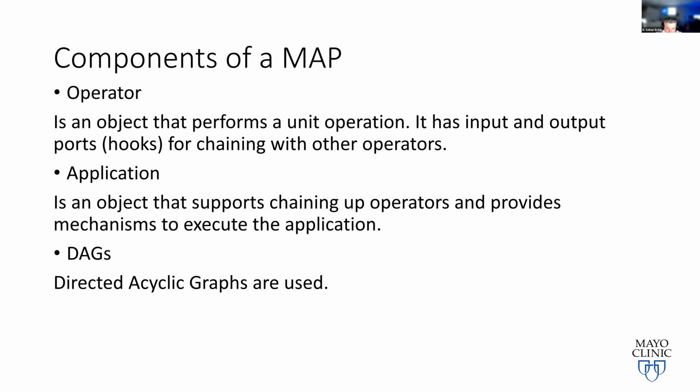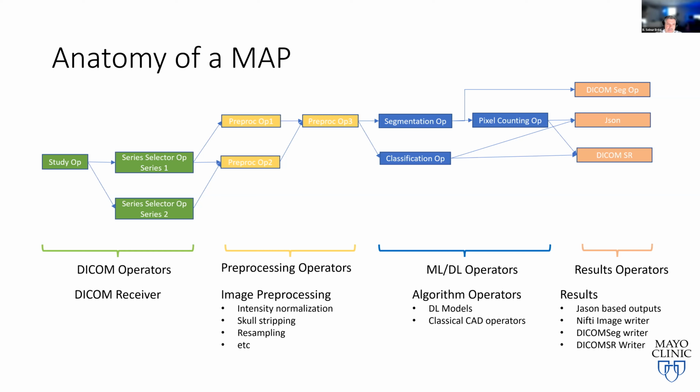So what do I mean by that? Let's say I define an operator for a study that reads an incoming DICOM study. I can have one operator for selecting series A versus B, and based on which series are in play, it's going to forward the operation down the line to operation 1 or 2. So in this case, your first operator is your receiver for your input.